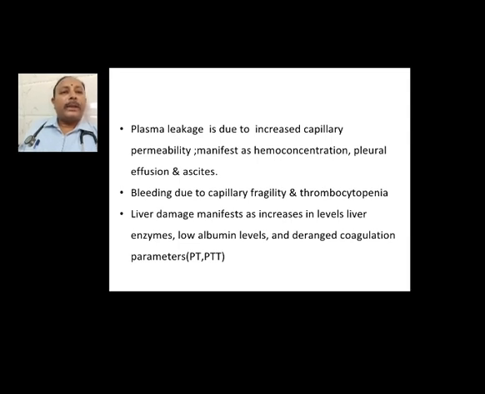Bleeding is due to capillary fragility and thrombocytopenia. Liver damage manifests as increase in liver enzymes, low albumin levels and deranged coagulation parameters, that is PT and PTT, prothrombin time.